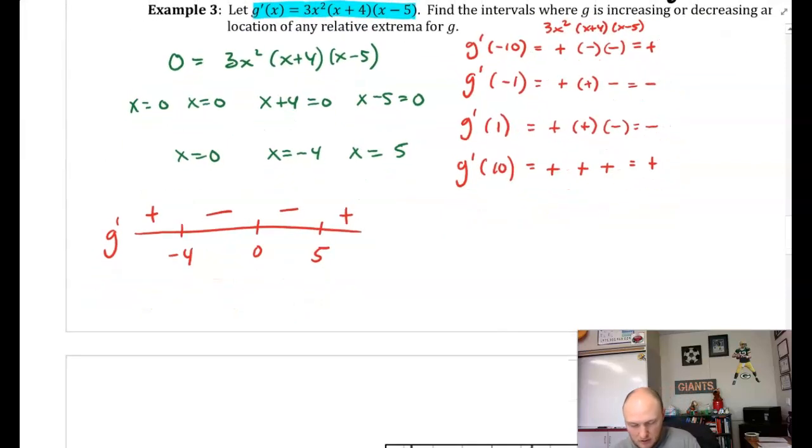I can clearly see where I have increasing and decreasing intervals, but do I have any extrema? Where are the extrema? Here on this interval, I'm increasing. Here I'm decreasing. Here we continue to decrease, and then we start to increase.